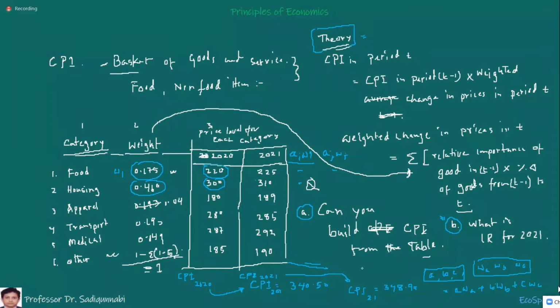This is the answer. So you can answer for B like this: CPI 21 minus CPI 2020 divided by CPI 2020 times 100.